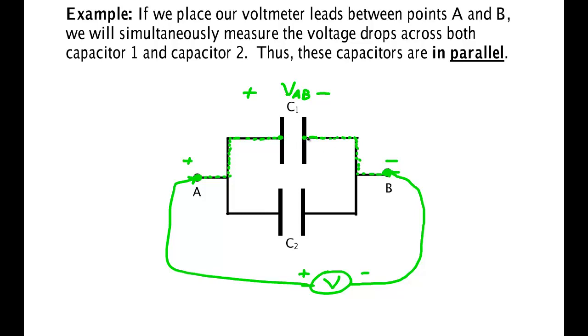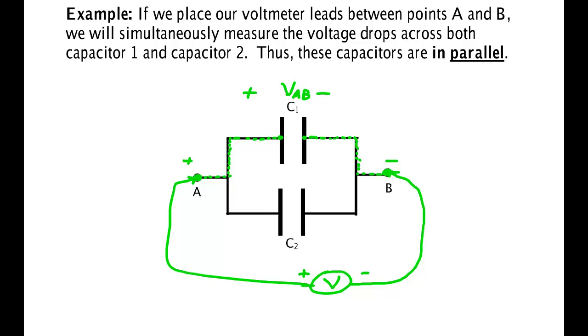The voltage across capacitor 1 is voltage VAB. Marking all of this by a single thing, A, which is called a node, is very convenient because it enables us to quickly see when things are in parallel or series. So all these points here are point A, and all these points here are node B.